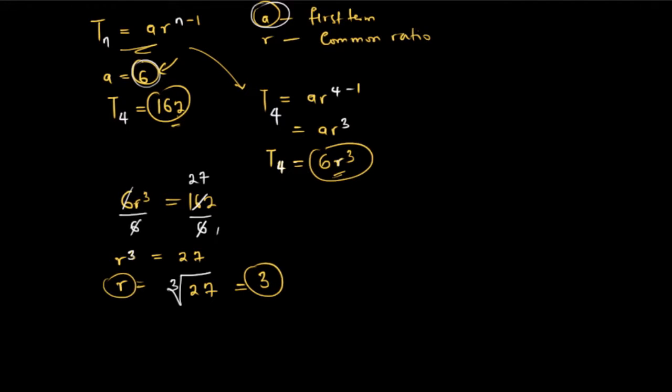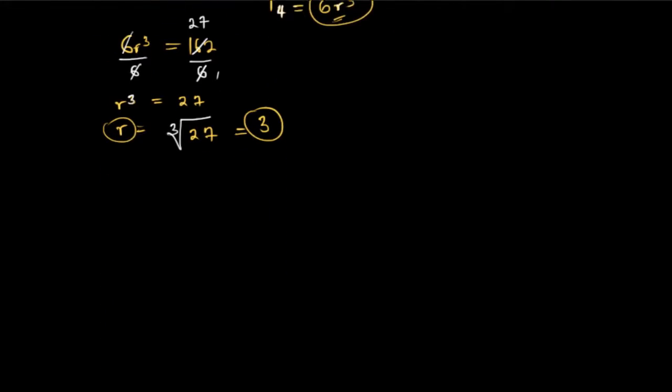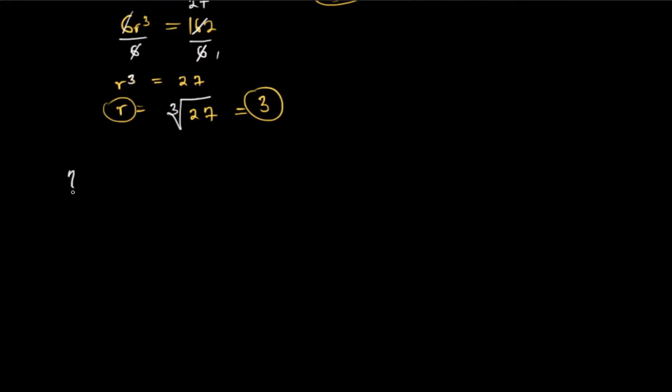So let's go back to the question. It says that the first and the fourth terms of a GP are 6 and 162 respectively, and we've used that information to find the first term and the common ratio. Now the question says find the sum of the first 3 terms, that is T1 plus T2 plus T3.